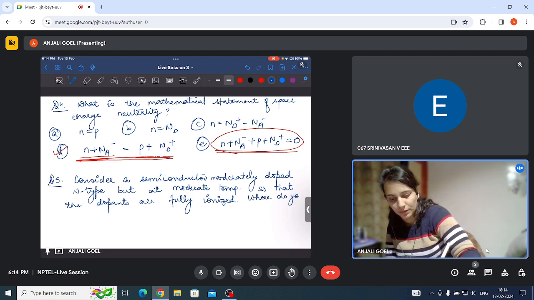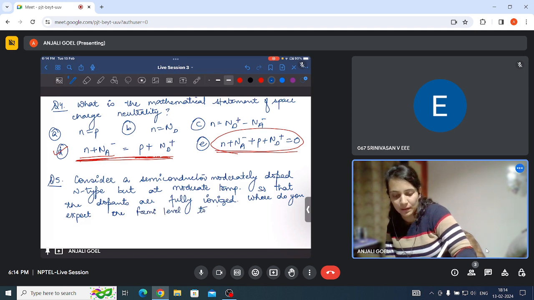Where do you expect the Fermi level to be?